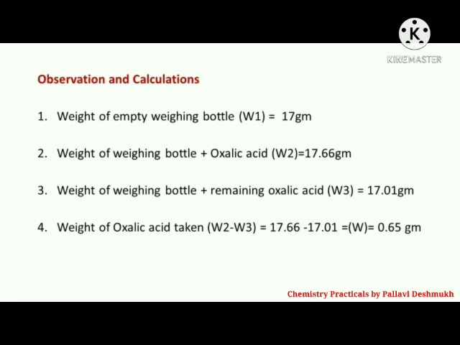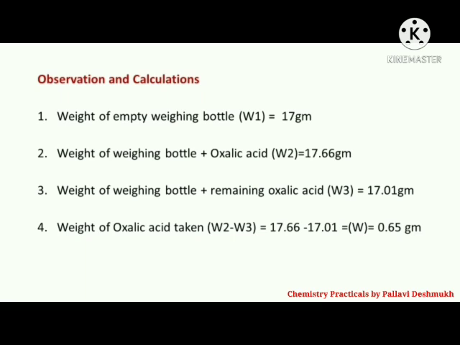Now the observations and calculations. Weight of the empty weighing bottle is 17 gram. Weight of the weighing bottle plus oxalic acid is 17.66 gram. Weight of the weighing bottle plus remaining oxalic acid left after transfer of the oxalic acid from the weighing bottle to the volumetric flask is 17.01 gram.